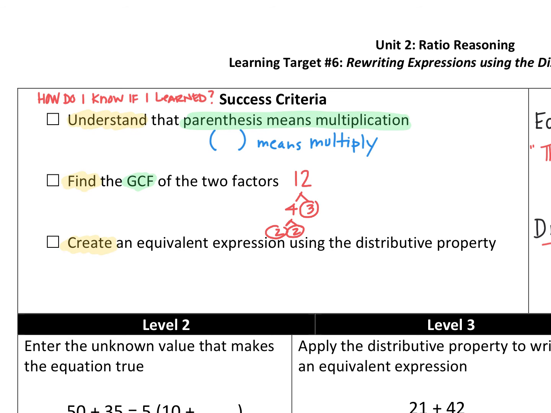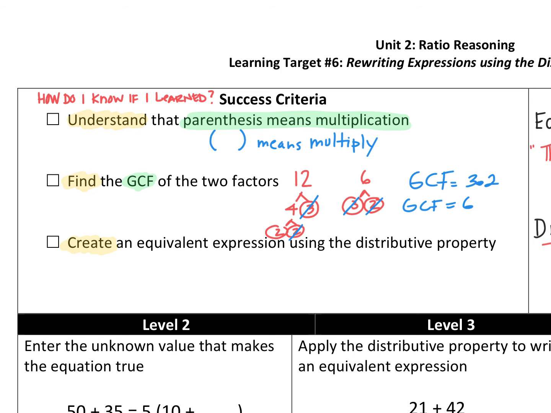And if you have something else like 6, 3 times 2, these are both prime. So what is my GCF? Well, what matches? A 3 and a 2. So my GCF is 3 times 2, which is 6. So my GCF is 6. Okay, so if you can find the GCF, then you've learned.